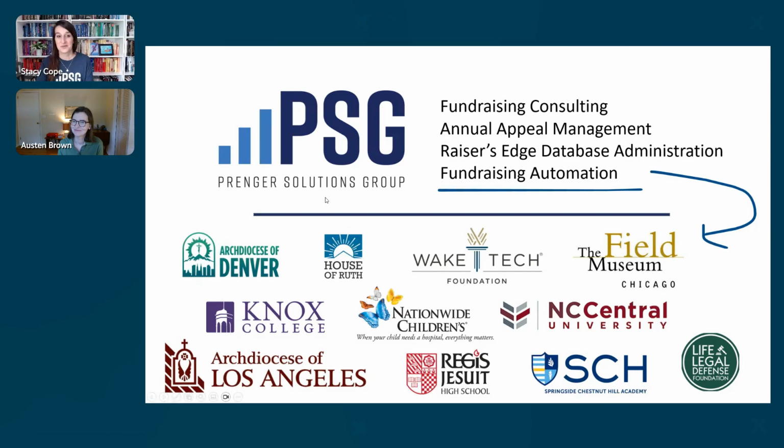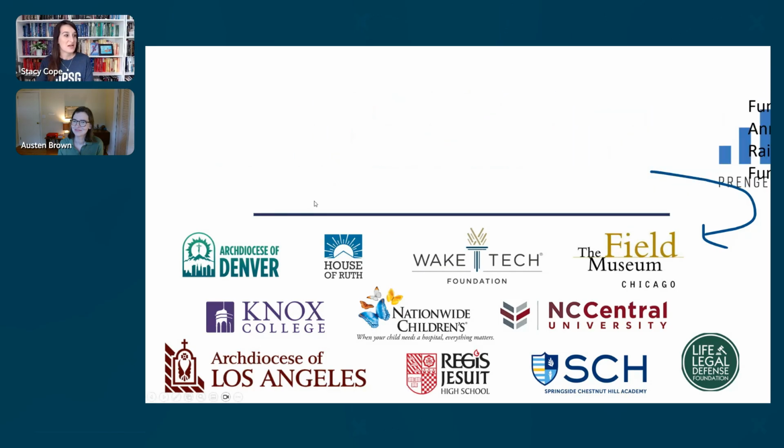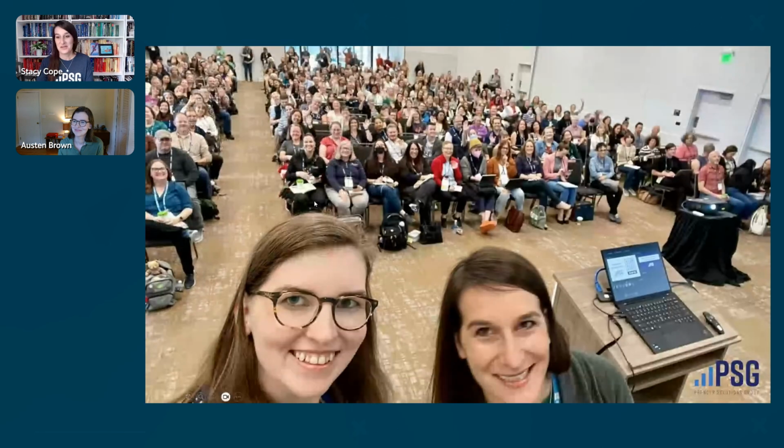Real introductions real quick. I'm Stacy. I am located in Omaha, Nebraska. I started working with Razor's Edge doing annual appeal fundraising in 2011, and I've been doing automation since 2020 or 2021. It's like 4 years ago. I love doing this and getting Razor's Edge to do what I want it to do.